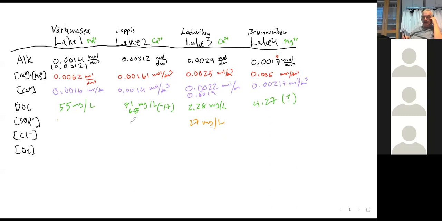I think this was small, because my picture in memory says that this is very, very tiny amounts of sulfate in Lake 2. Why, I don't know, but it seems to be a lot of organic material.